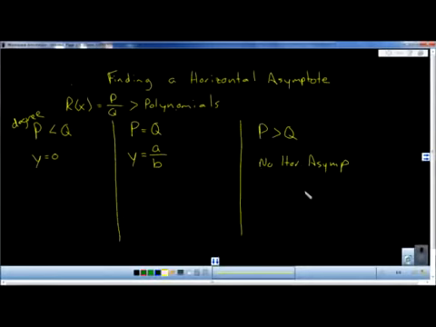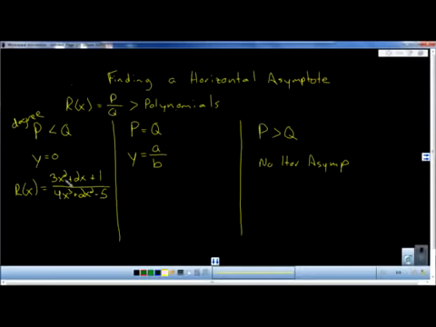So let's go back and take a look at each one of these. First of all, for the first one, the degree of p is less than the degree of q. Let's say we have a function r of x is equal to 3x squared plus 2x plus 1 all over 4x cubed plus 2x squared minus 5.